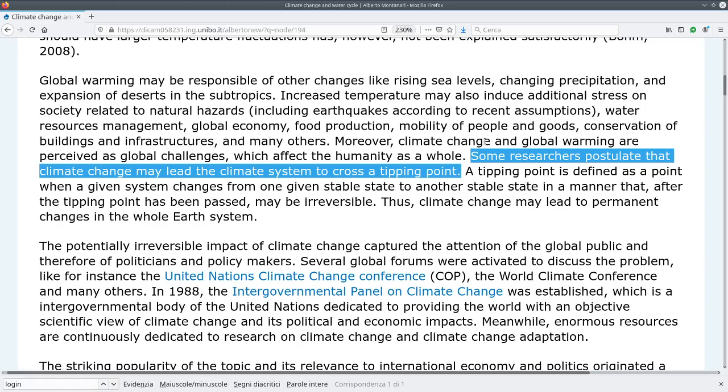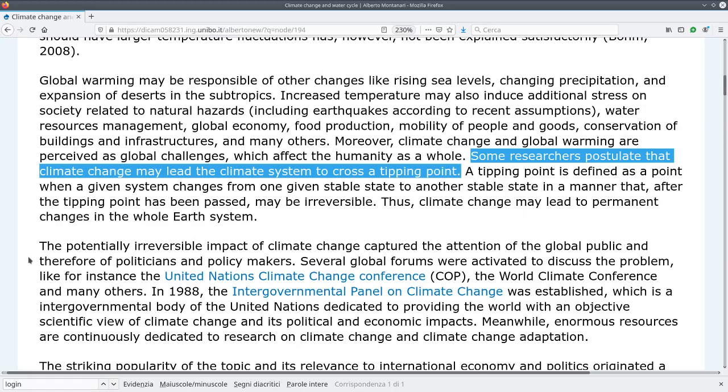So this is why some scientists are convinced that we are already too late in mitigating the human impact on climate change. On the other hand, again, there is uncertainty, and therefore the role of the scientist is particularly delicate, as I said at the beginning.